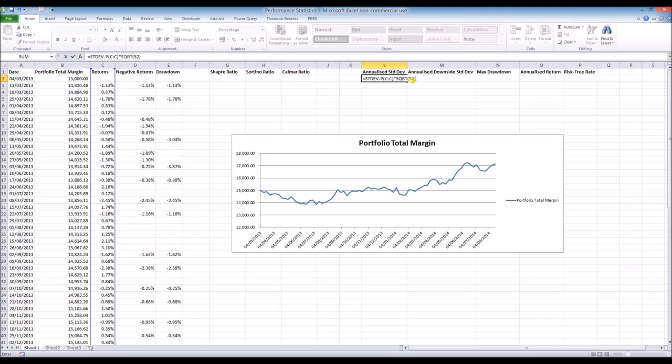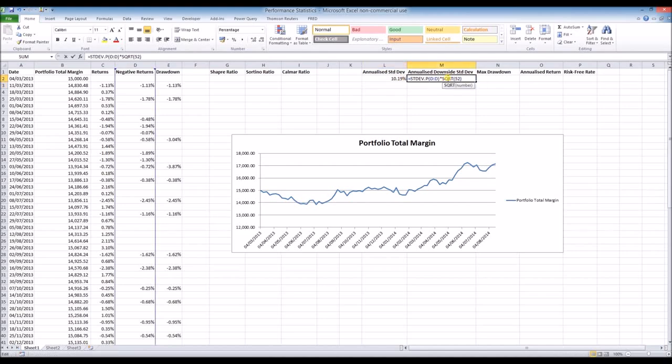So there's 52 weeks in a year, so we scale up our weekly standard deviation figure, which we calculate in this part of the equation, times it by the square root of 52 to annualize. So that's just how you annualize or scale up and scale down standard deviations, is times it by the square root of the number of periods over the time period that you want to scale it up or down to.